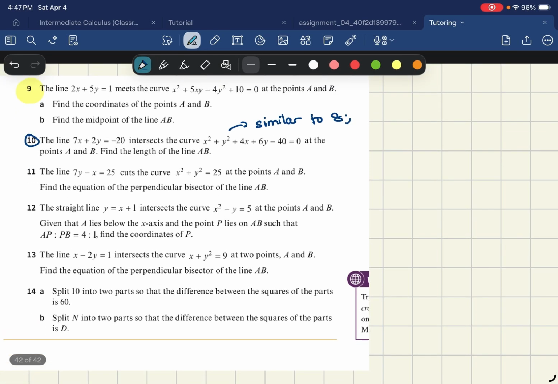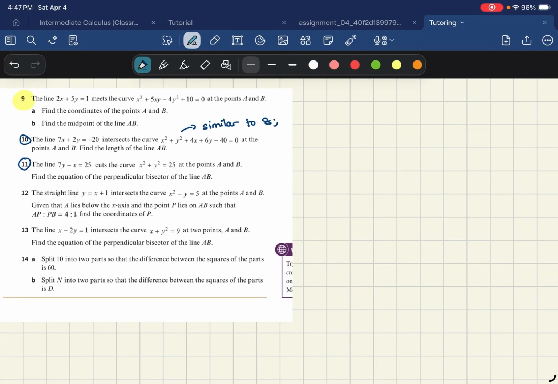This is interesting. So we have the curve, right? Question 10 is very similar to question 8. It asks you for the length, and we have done a very similar question here. This equation, which we haven't done yet, represents a circle.